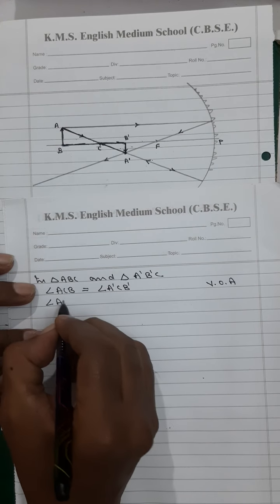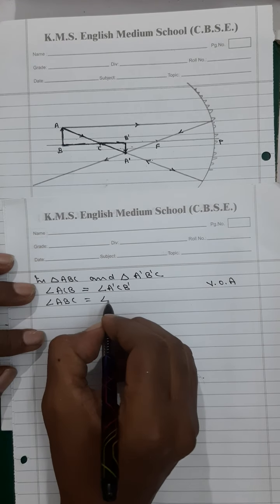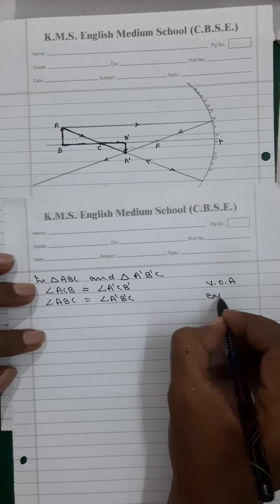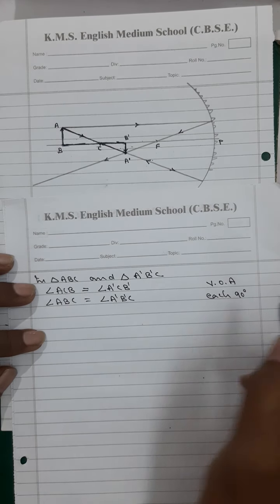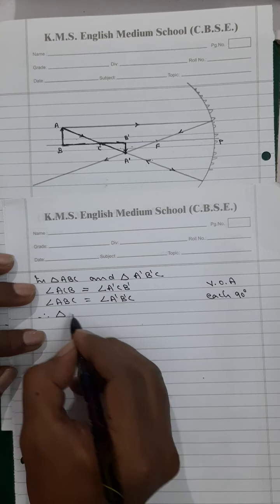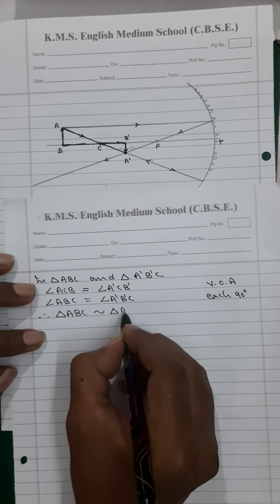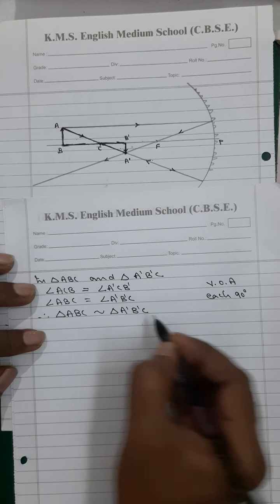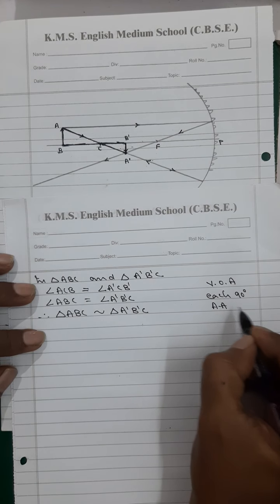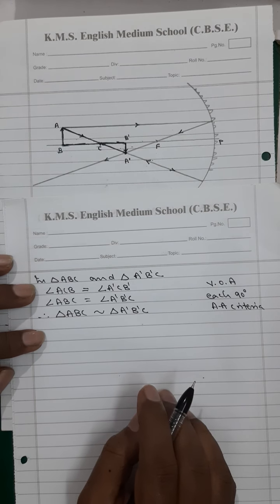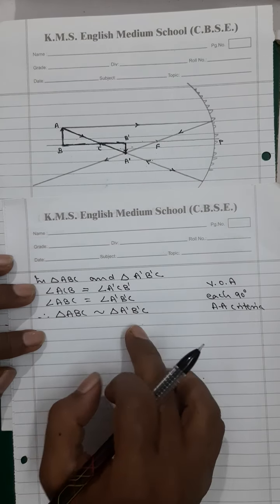Also, angle ABC is equal to angle A1, B1, C, each 90 degrees. Therefore, triangle ABC is similar to triangle A1, B1, C, by the angle criteria. So the correspondence is supposed to be maintained.